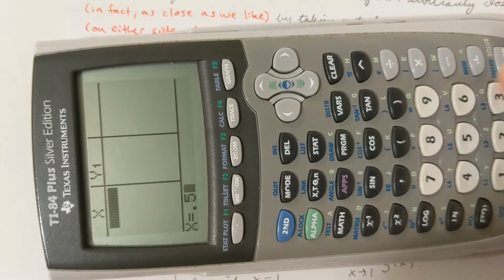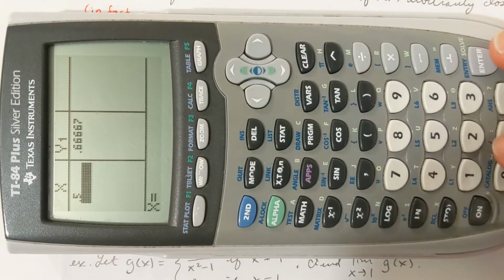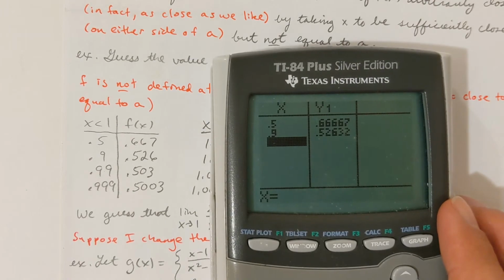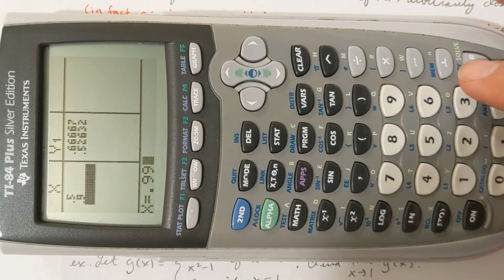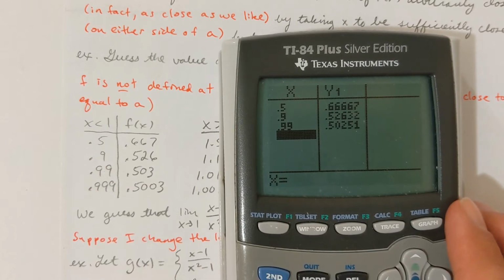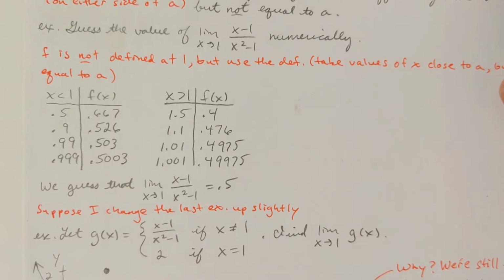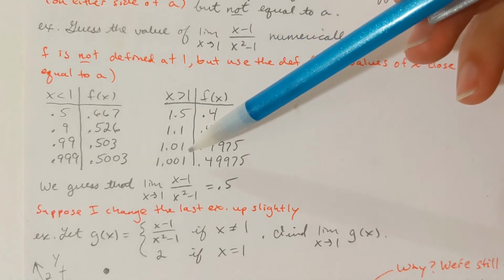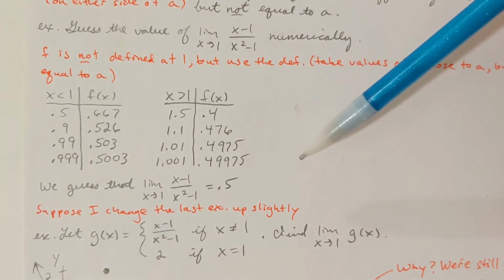If x is 0.5, we get 0.6 repeated. What if x is 0.9? We get roughly 0.526. What if x is 0.99? I get roughly 0.503 if I go nearest 3 digits. I'm not picky about the rounding here at the moment. In the book, they'll tell you where to round. So I would continue selecting values that are close to 1 on either side, and I could see what's coming out of the calculation then.